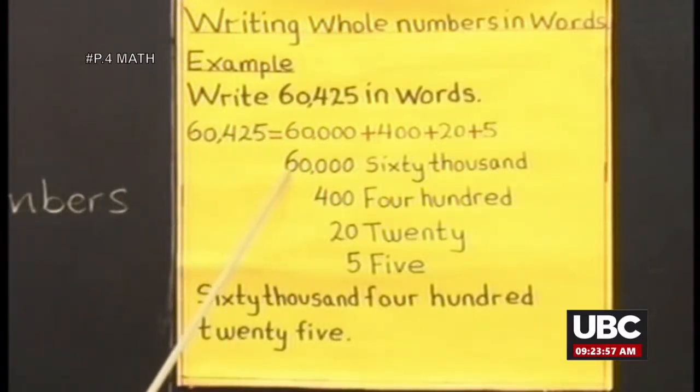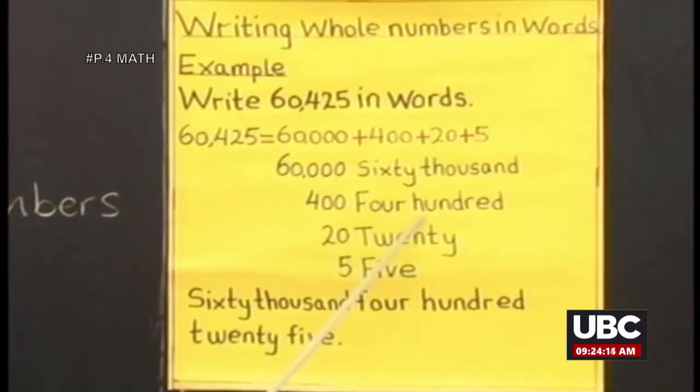We write 60,000 in figures, change it to words. Then write 400 in figures. And how do we write 400 in words?